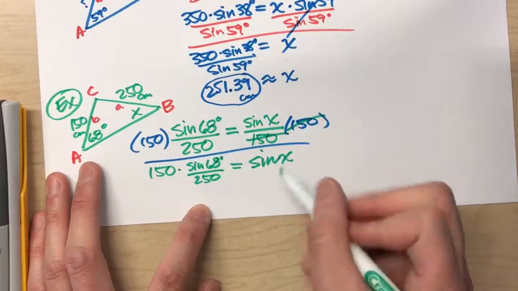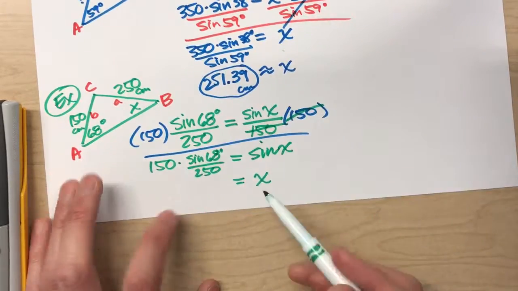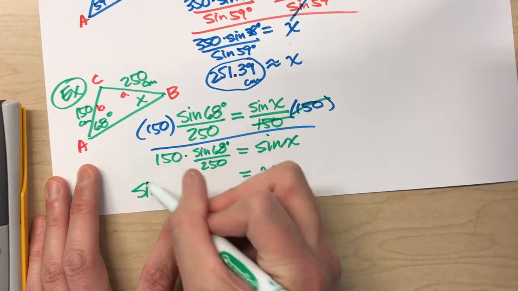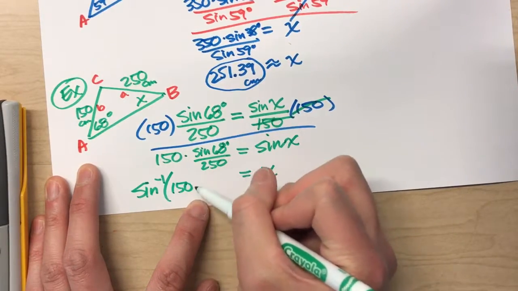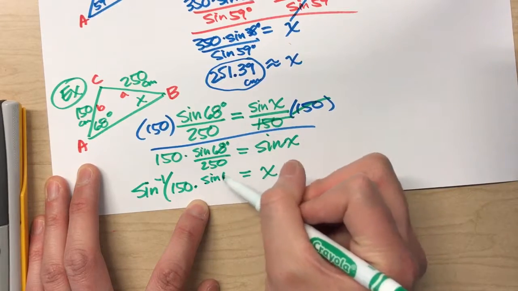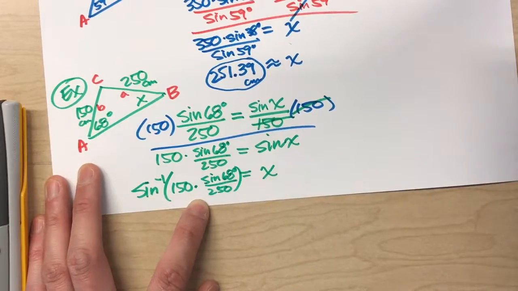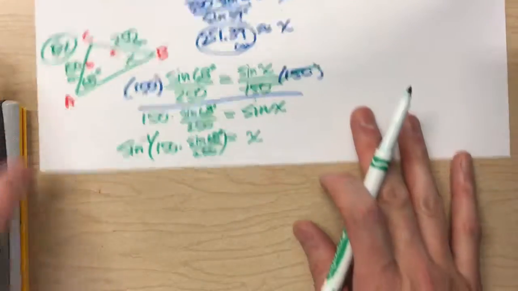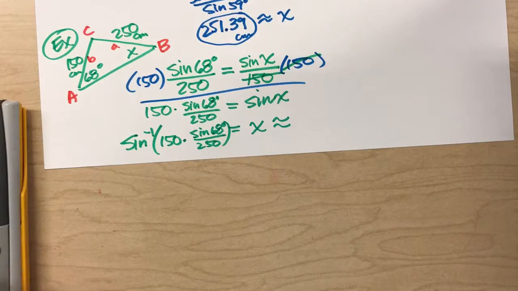And to get x, I'm going to have to use the inverse of sine. So basically, I'm taking the inverse of sine of all of that. So you're going to have to be very careful when you enter all this in your calculator, because it's a lot. But fortunately, our calculator can do all this for us.